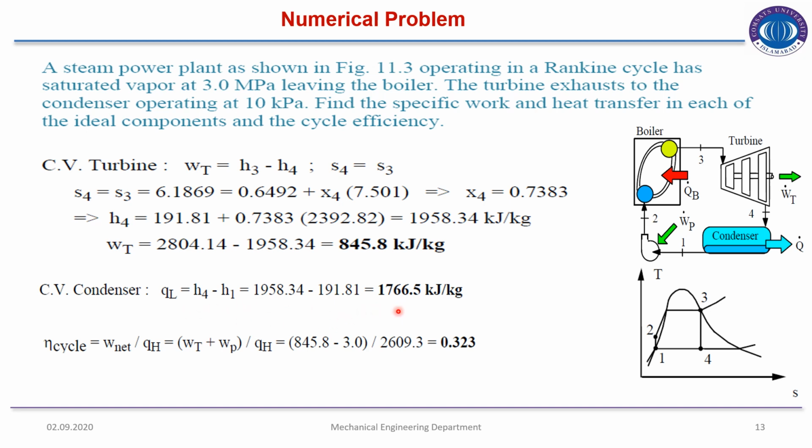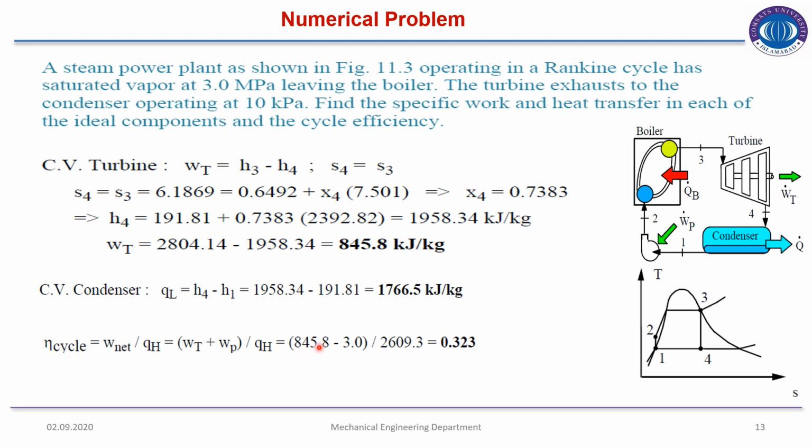So QL, the heat ejected, is 1766.5 kilojoules per kg. The overall efficiency is W net over QH, and W net is the turbine work minus the work consumed by the pump.